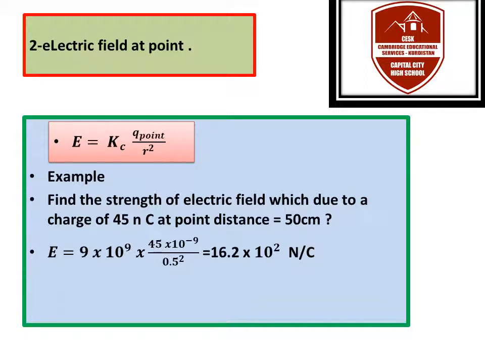In the numerator, 45 times 10 to power negative 9, the amount of the point charge, divided by the distance, which is 50 centimeter, converted to meter. So 50 centimeter is 0.5 meter, half a meter. The answer is 16.2 times 10 to power 2 Newton over Coulomb. See here the unit of electric field is Newton over Coulomb.